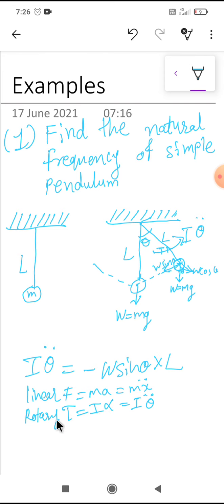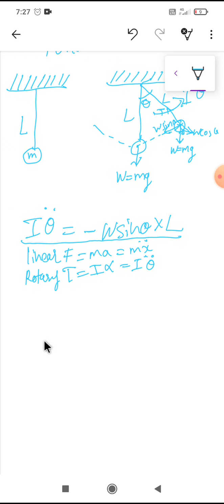So now we will write the formula: I theta double dot is equal to minus W sin theta into L. If I bring this component to the left, I will get I theta double dot plus W sin theta L equal to 0.